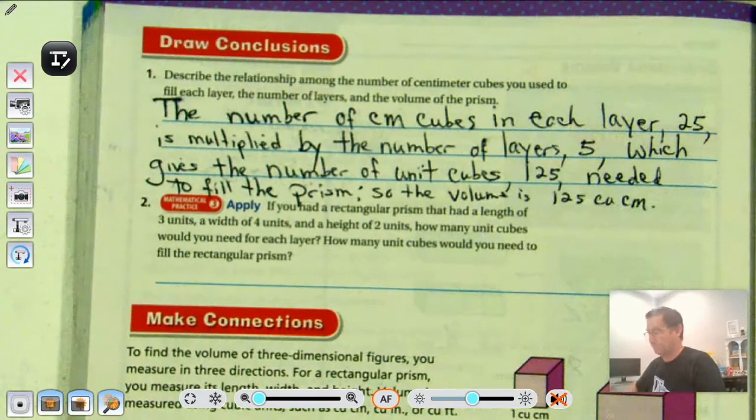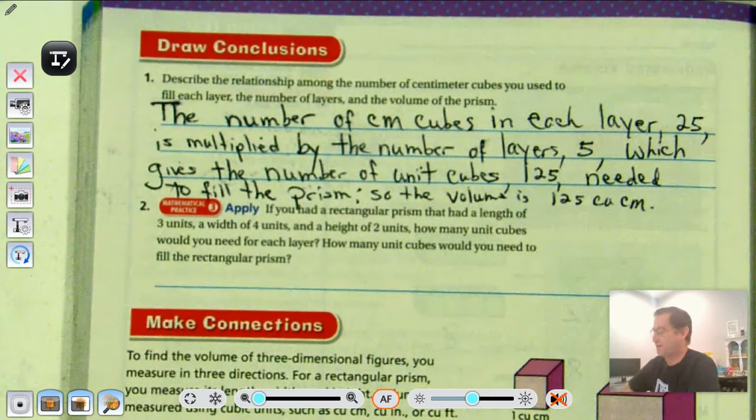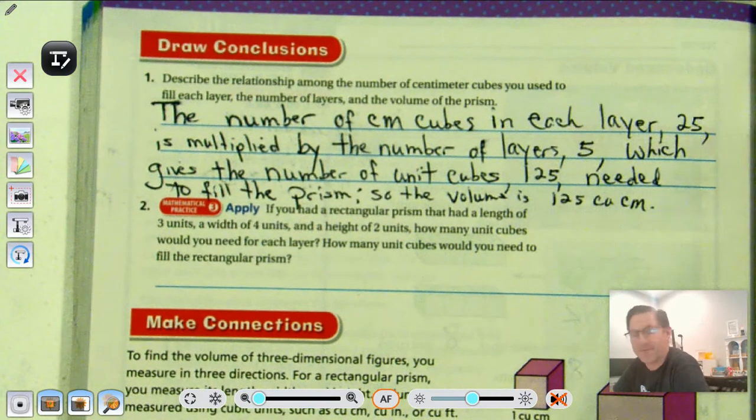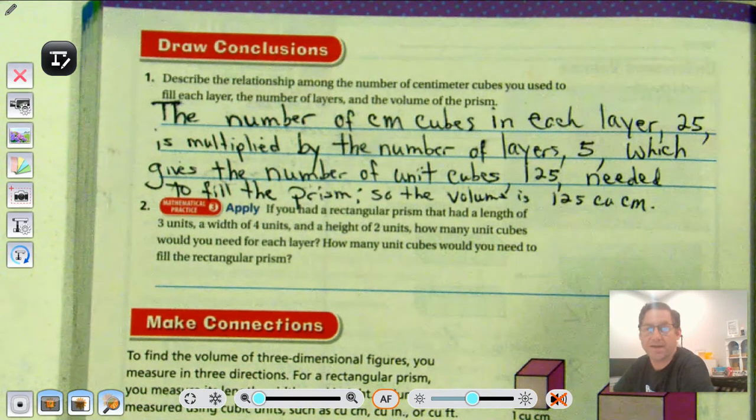All right, number 2. If you had a rectangular prism that had a length of 3 units, a width of 4 units, and a height of 2 units, how many unit cubes would you need for each layer?